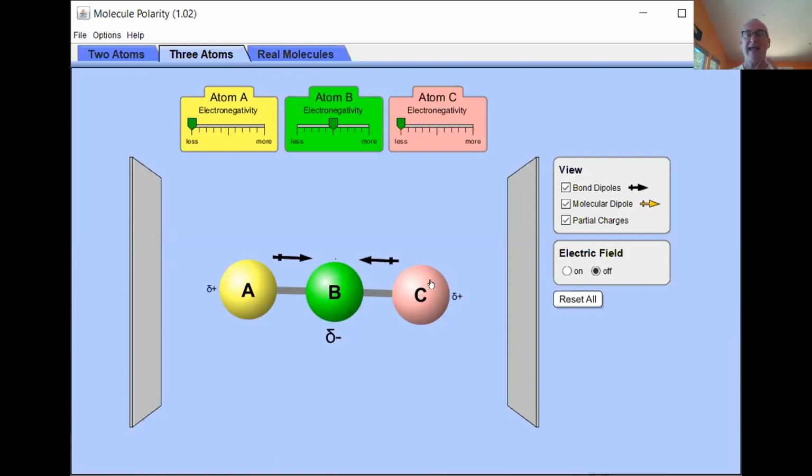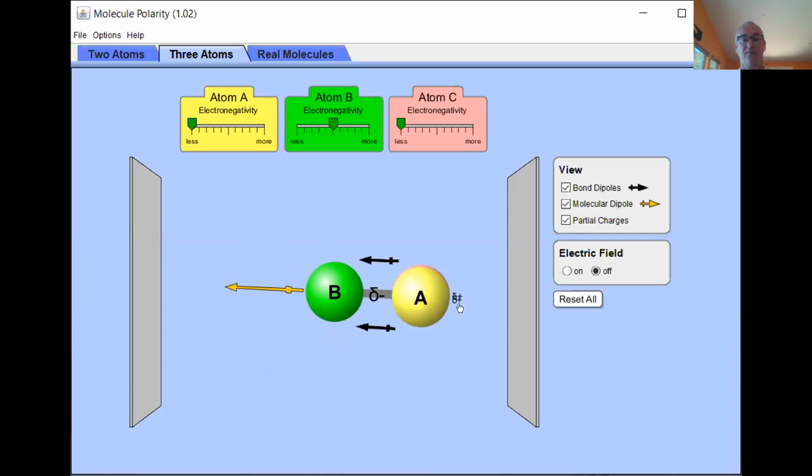When I asked you kind of a trick question at the beginning, whether or not the two bond dipoles are additive, we had a poll, yes and no. And the answer is yes and no. Yes, if they're pointing in the same direction, they're additive, right?